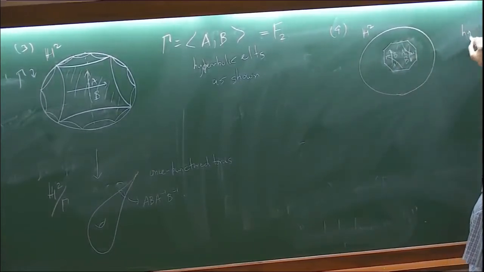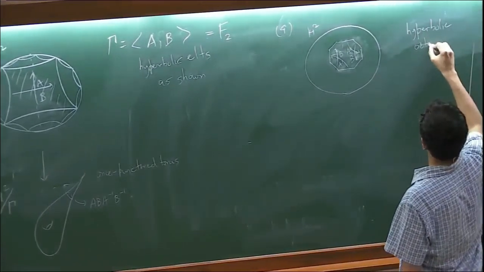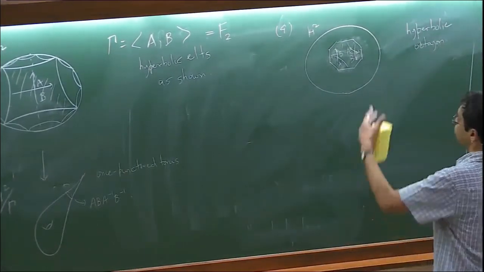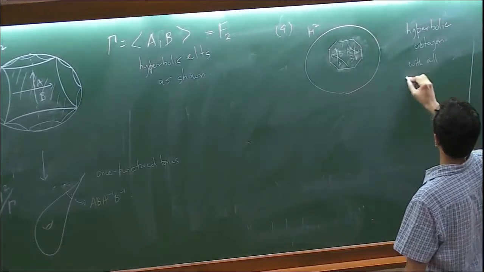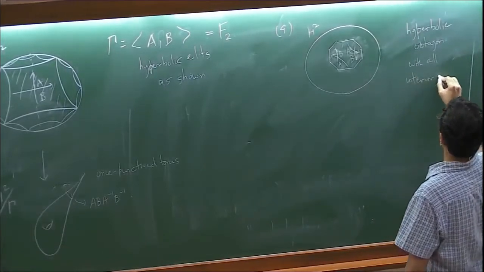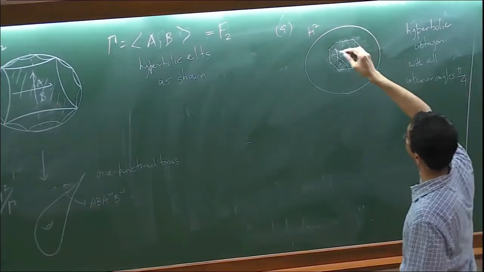So that's a hyperbolic octagon, which would mean that they have geodesic sides, and with all interior angles pi by 4. So you know that such things exist.